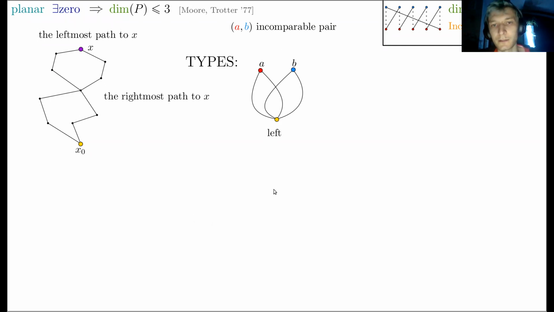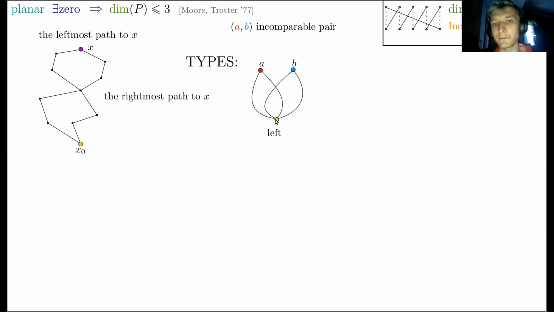And of course, it's very natural. What does it mean that a path is left of another path? When they split, one goes left, the other goes right, and the one which goes left is the left path. And if they are extreme paths, they cannot meet again, because then we can alter them to get a more extreme path.